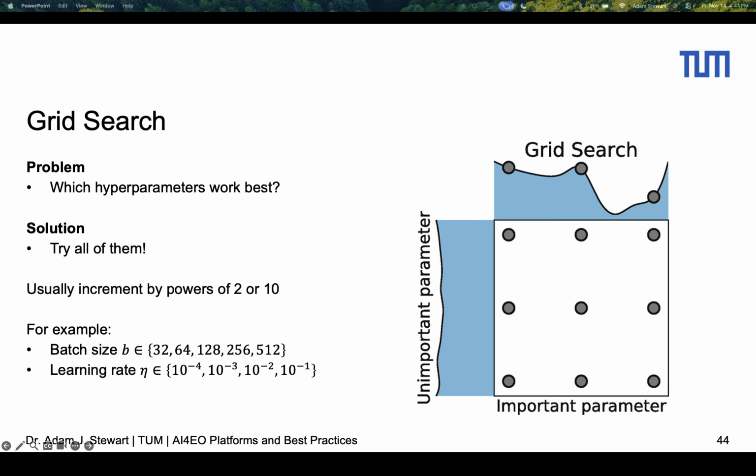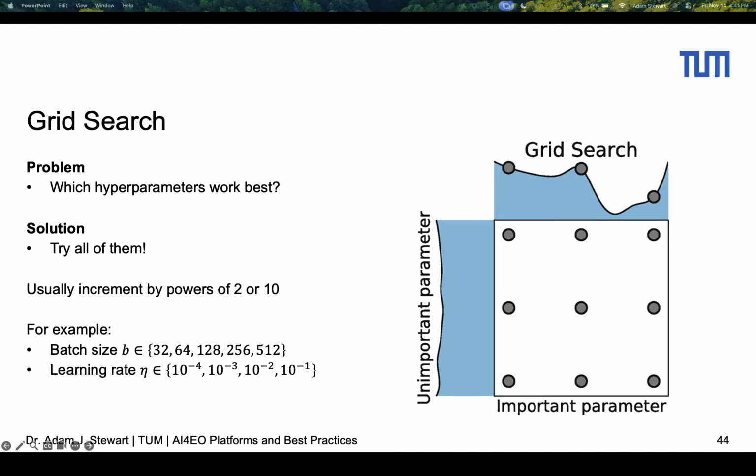And this approach is known as a grid search because for each hyperparameter, I am trying maybe 3 different values. If I have 2 hyperparameters, now I'm trying 9 different values. If I have 3 hyperparameters, then I would be trying 27 different possible values. So you see how this becomes just a grid in space.